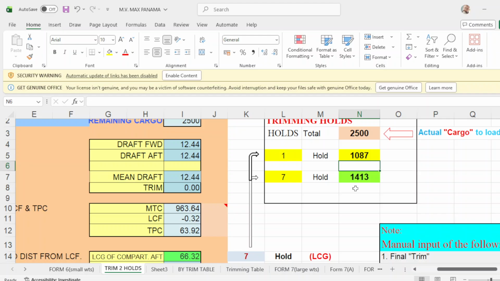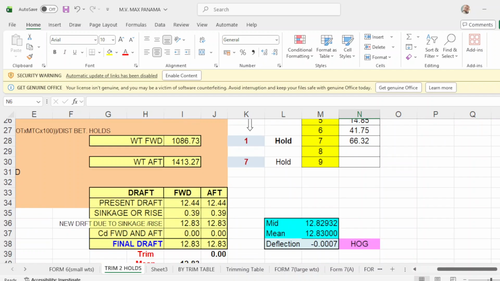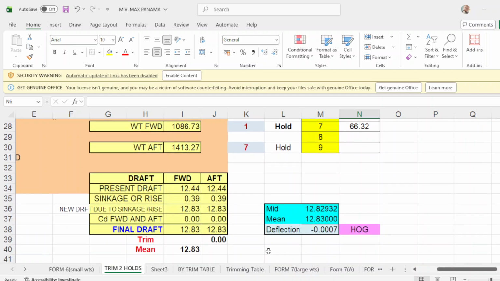Number 7 should be 1413. And your departure drop will be 12.83 forward, aft drop will be 12.83, and mean will be 12.83. You have 0 deflection, so even keel.